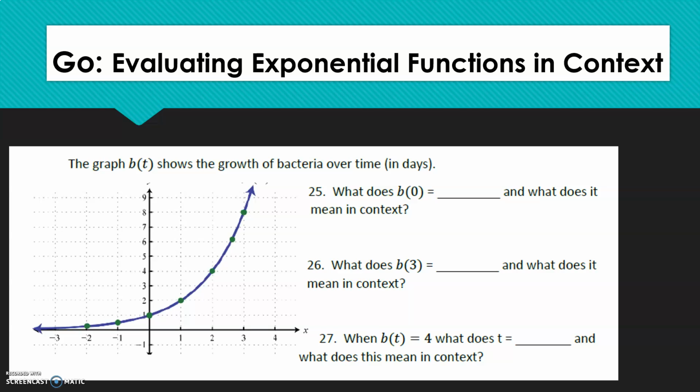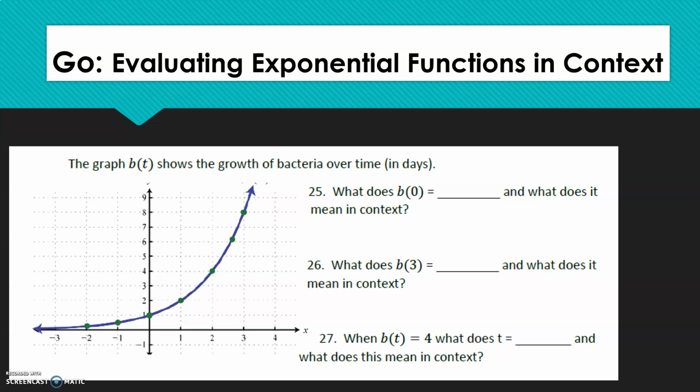Our Go asks us to evaluate exponential functions using the context of the function. Let's look at this graph, B of t, showing the growth of bacteria over time. Our first question asks, what does B of 0 equal, and what does it mean in context?